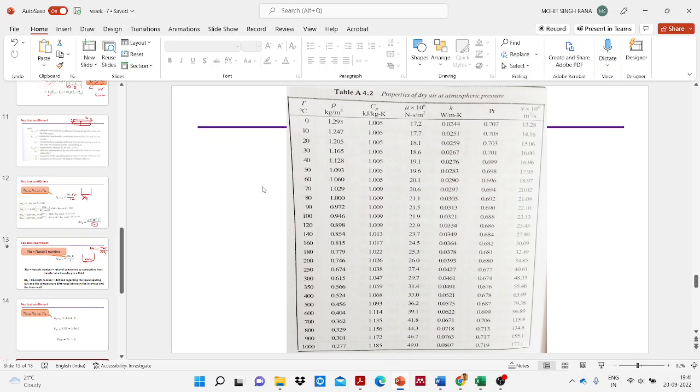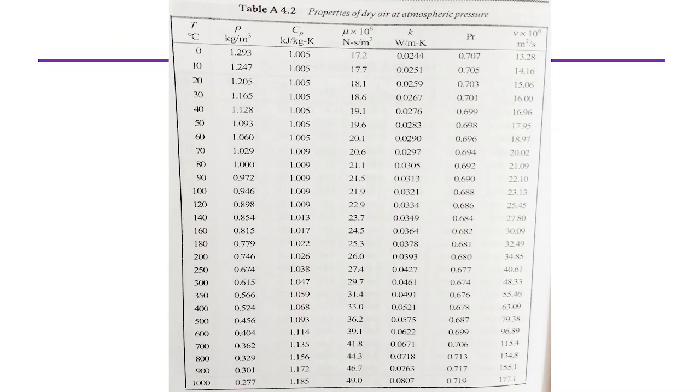You may check this later, and you will have this PPT also, so you can download this table from the presentation. For a given temperature, the density, the coefficients, the thermal conductivity, Pr the Prandtl number, and the velocity are all given.